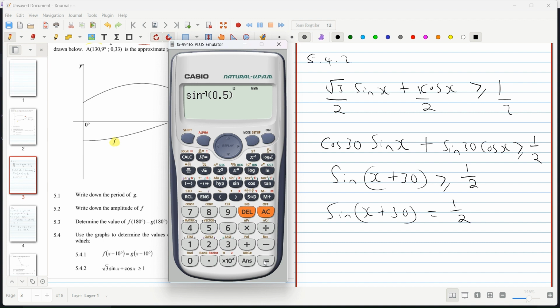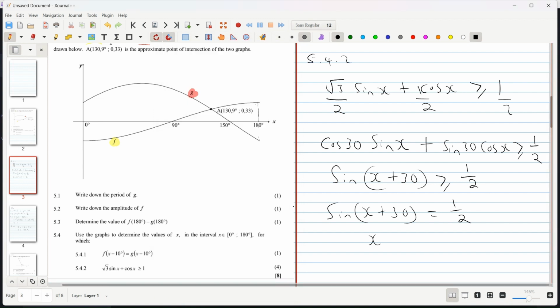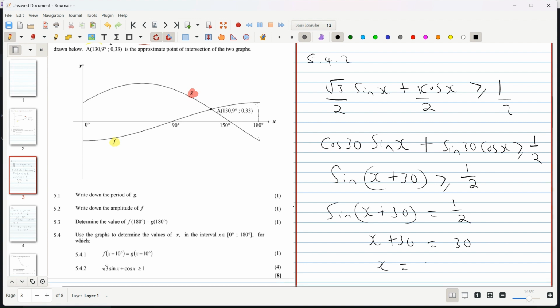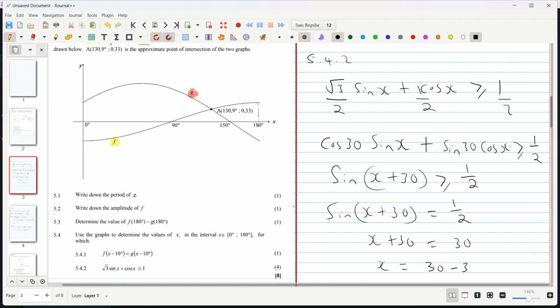So 1 over 2 is half. We see we have 30. We're trying to solve for x, remember? So the first value for x will be 30 minus 30, which is 0. So we can see that the first value for x is 0 degrees.